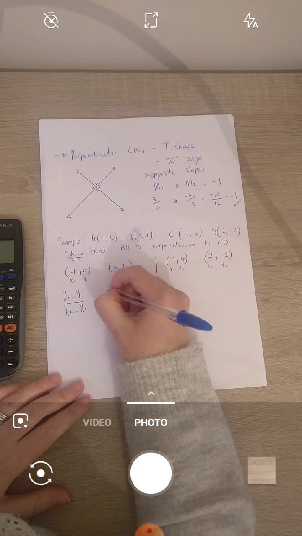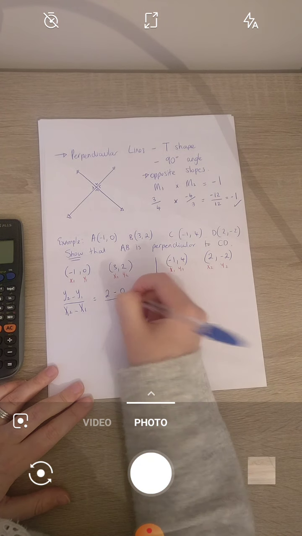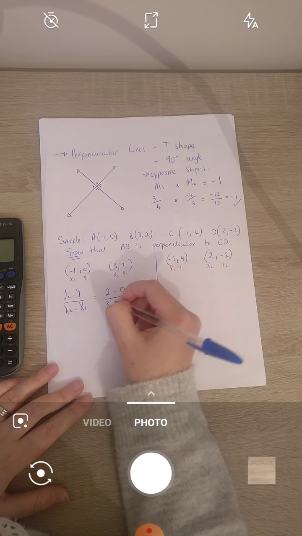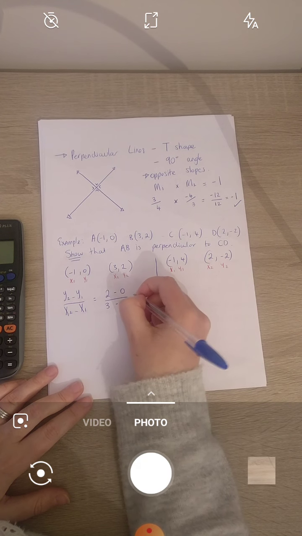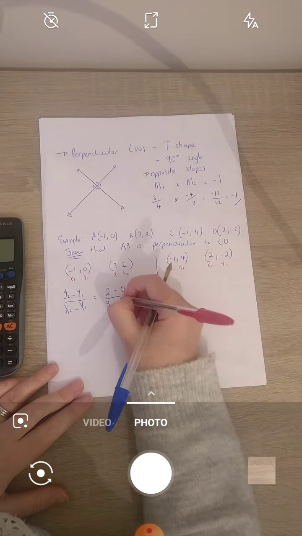So y2 is 2, minus y1 is 0, over x2 is 3, minus x1 is -1. Minus by minus here becomes plus. So 2 minus 0 is 2. 3 plus 1 is 4, which is the same as a half.